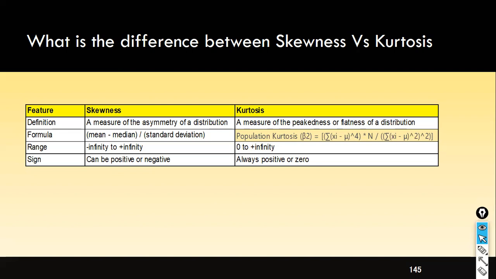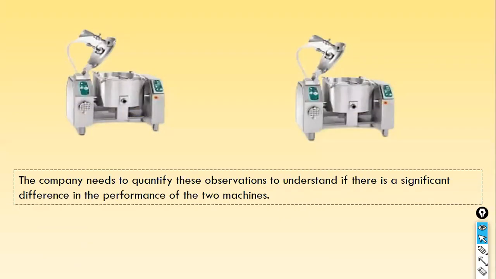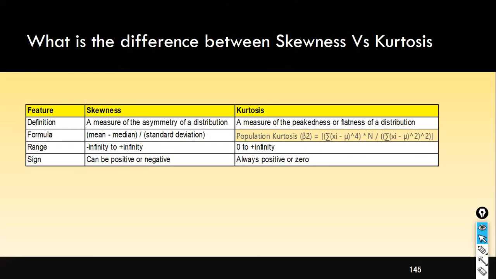You have more extreme values. If the kurtosis value is 0, that means it's a symmetric distribution. The kurtosis values will always be positive or 0. That is what I compared, the difference between skewness and kurtosis.